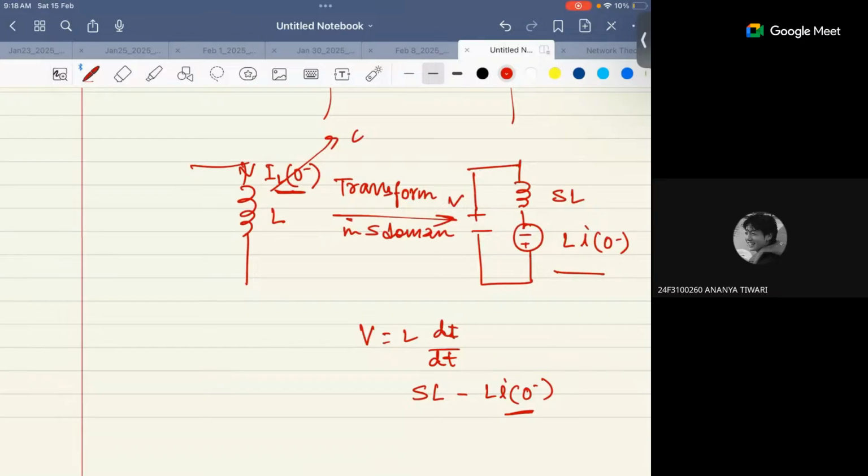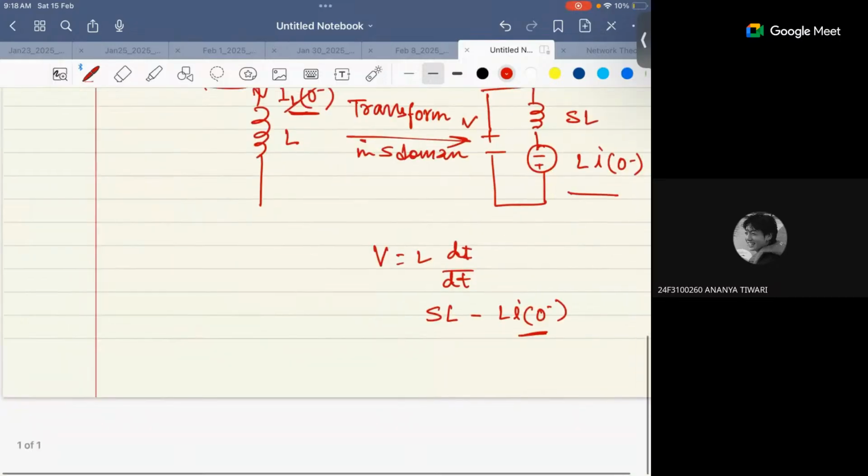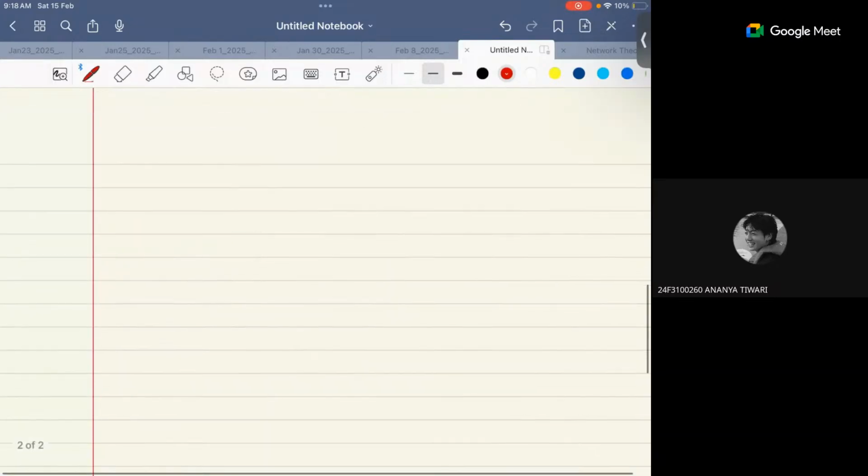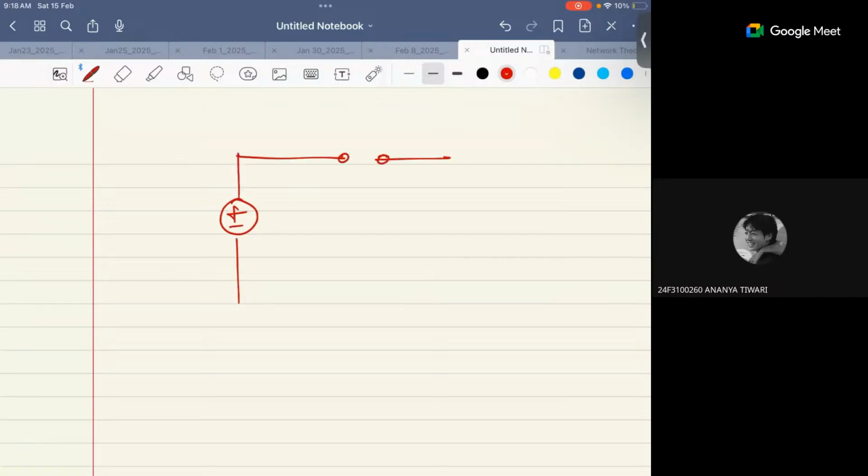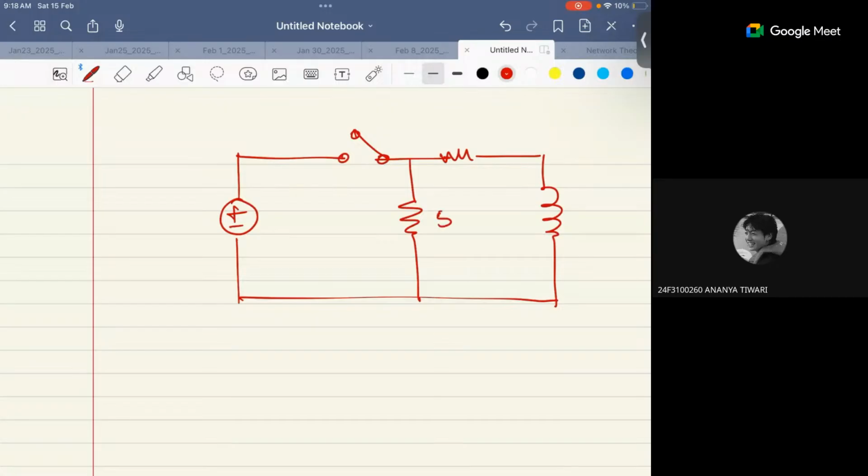Let's take an example, a question that you can think of. At t equals 0, we switch on the circuit.